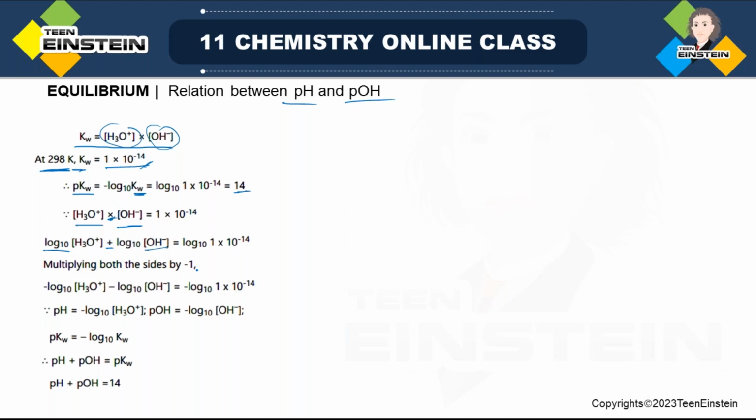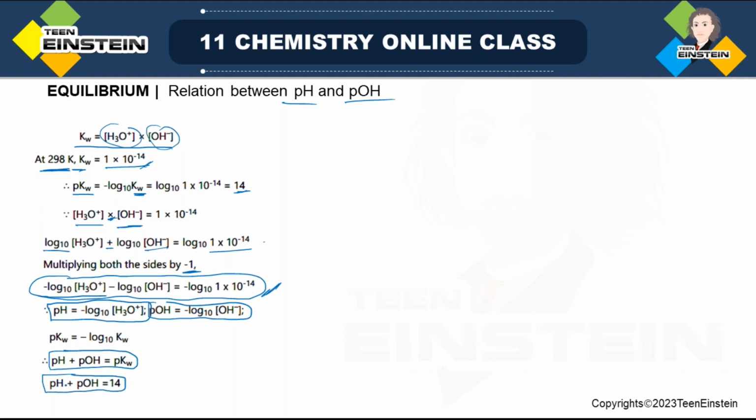Log 10 H plus, log 10 HO minus. This side it is simply 14. Now if you multiply both sides by minus 1, you can convert this term to pH, because this is pH and this is pOH. So if you write pH and pOH on the left hand side, and on the right hand side you write pKw, you will get this relationship. So this is the relationship between pH and pOH, which we have just used in the previous problem.